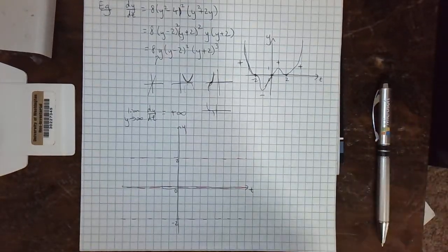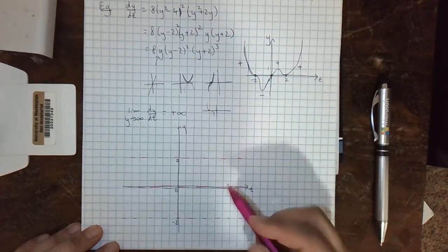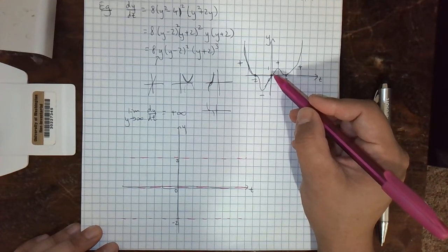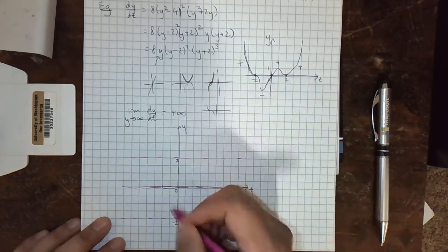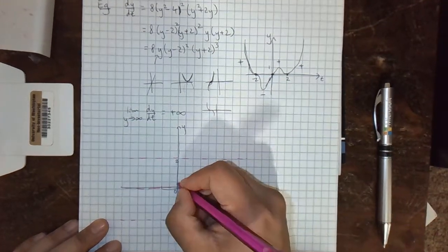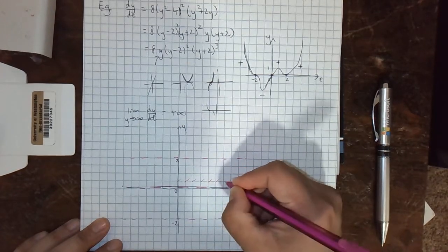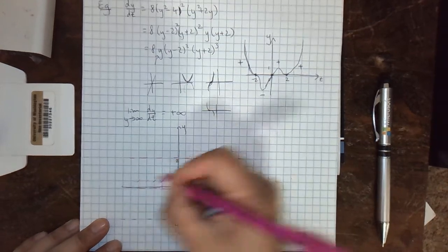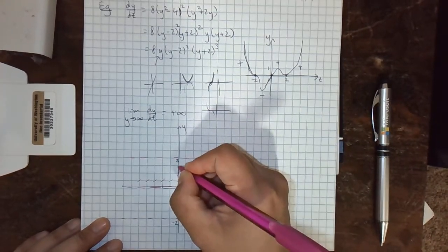And then what happens? As we go from, let's say, 0 to 2, the slopes are positive, and they're getting bigger, and then they get smaller. So we'll get some slope here. We don't know what it is, but it'll all be the same. And then we'll get steeper, and then less steep again.